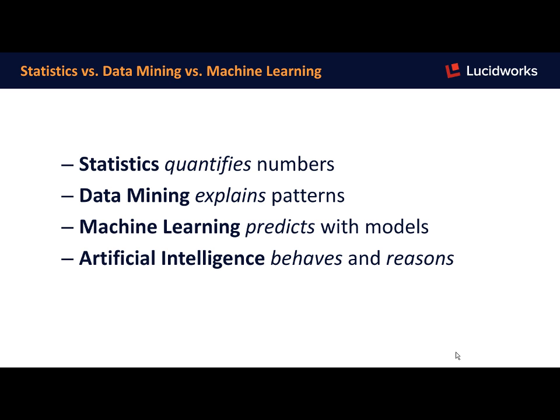But there's a common phrase in statistical analysis. It says correlation does not imply causation. So you have to be careful when you're crunching numbers, because it doesn't necessarily mean the same thing as you would get from some of the other tools that we have available.